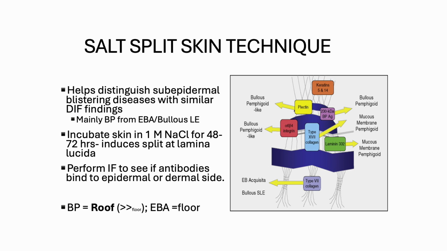We perform it because there are different types of subepidermal blistering disorders that may have similar histologic findings and DIF. Particularly, BP and cell-rich EBA can look alike under both histology and DIF. So how can we separate the two? We can perform this test.